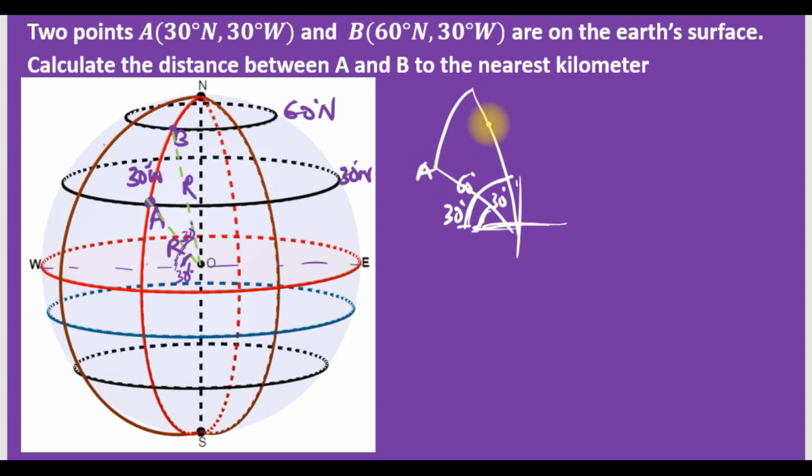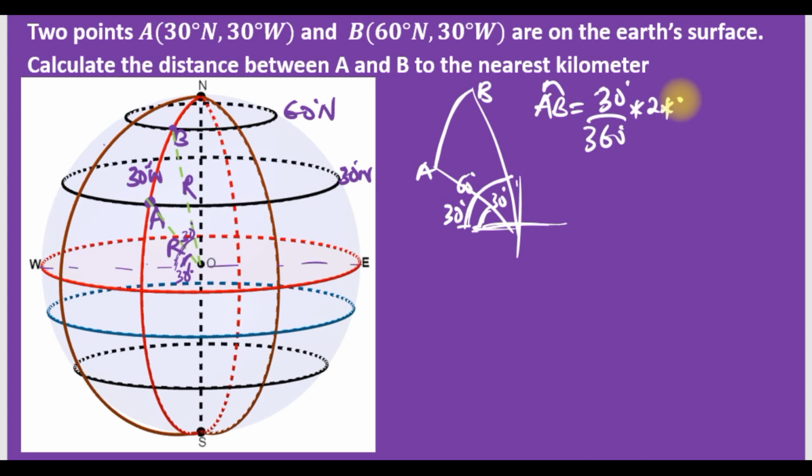This is A and this is B. So we are to find this. Using our formula for length of arc, we can easily see that AB, the angle is 30. That's the difference, 60 minus 30, that's 30 degrees over 360 times 2 pi r.